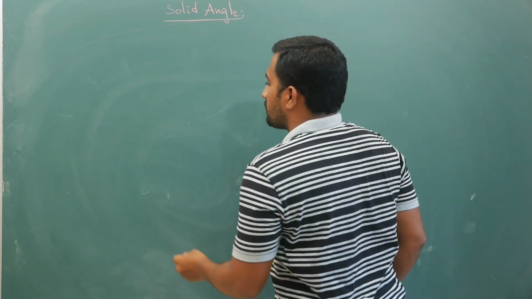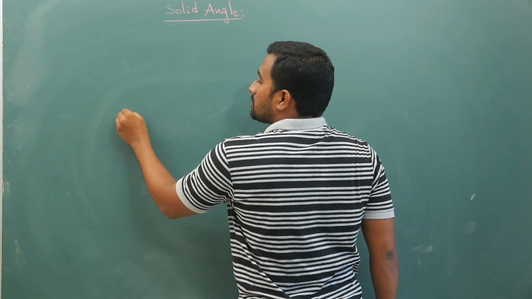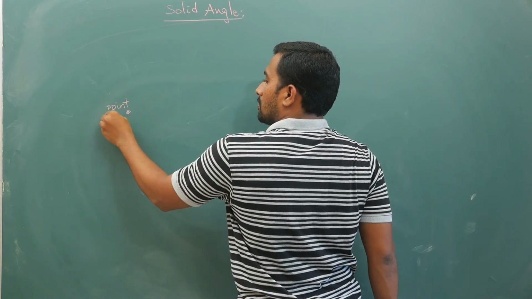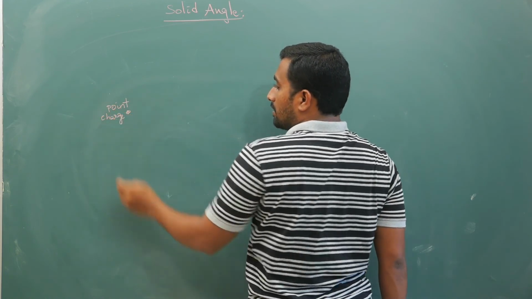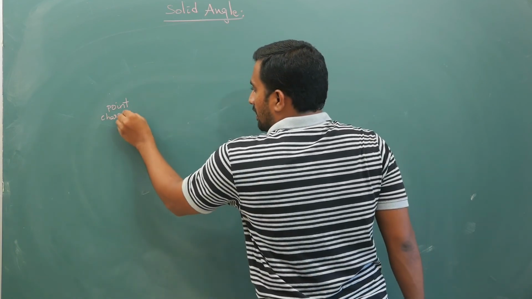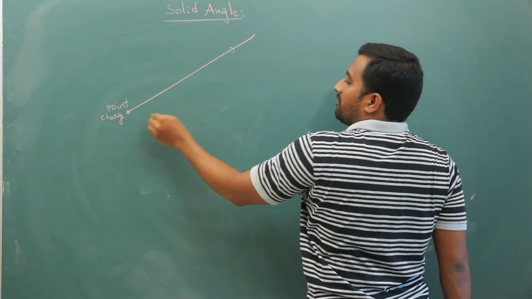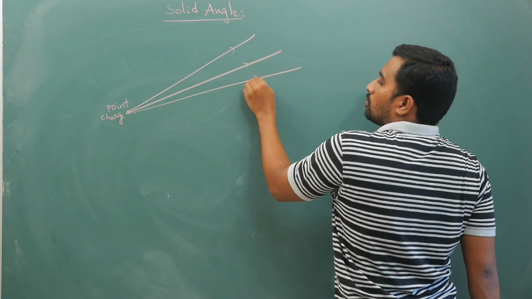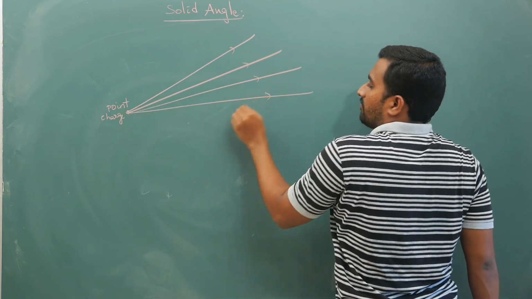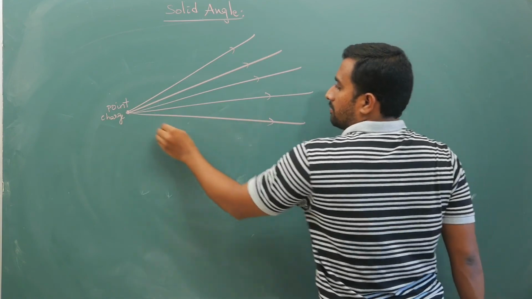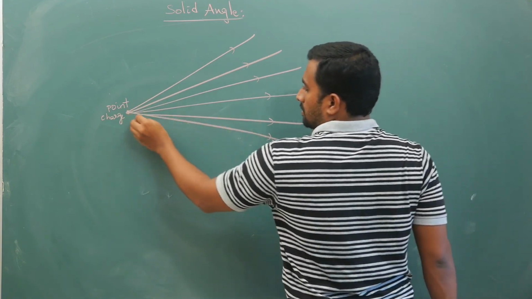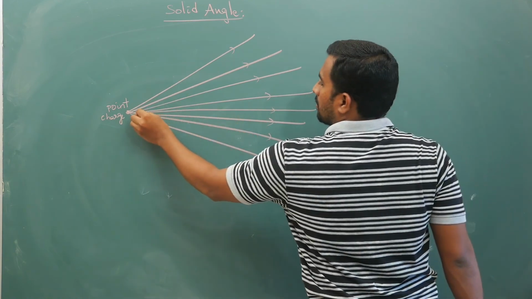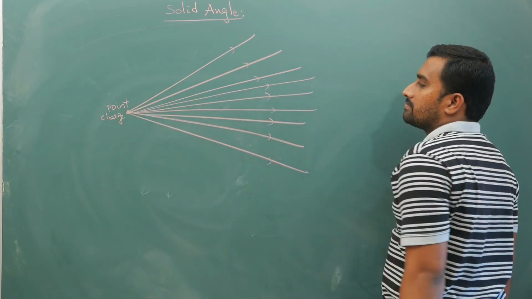Next, let us say you have some point charge, to understand better. Let us say you have field lines going through this: 1, 2, 3, 4, 5, 6, 7, 8, 9.